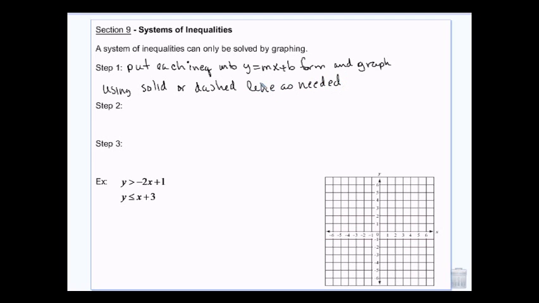Okay, so we graph each line. And I usually do them one at a time. Like I go step 1, step 2, and then step 1, step 2 again, but you can do this kind of however you want.